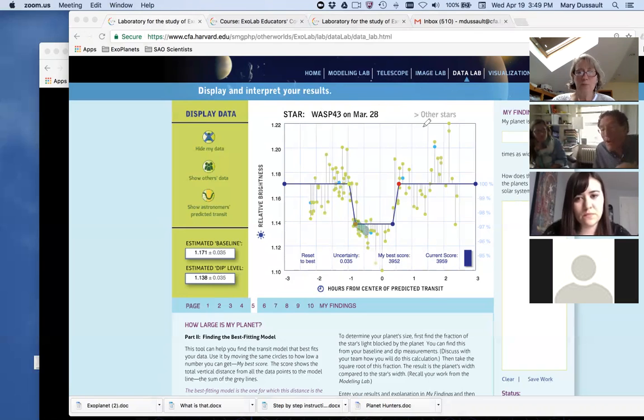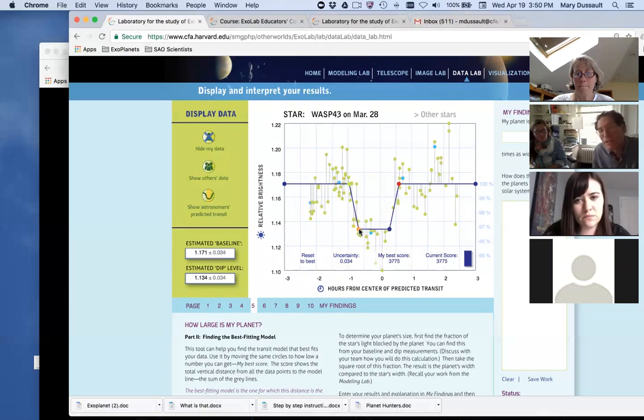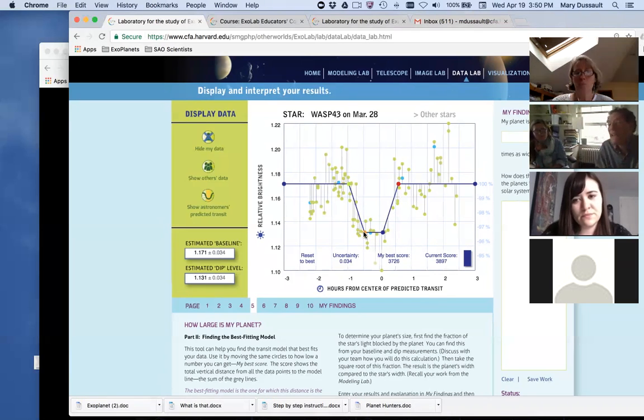What Mary has done with this model is impose a model that does have a straight line at the bottom. Students may wonder about that and say, well, it doesn't look straight to me. We're imposing one because that's our model: no matter how much it may graze the star just barely, for some period it's going to have that little line down there. So you may want to make explicit to your students that you're imposing a model on the data.